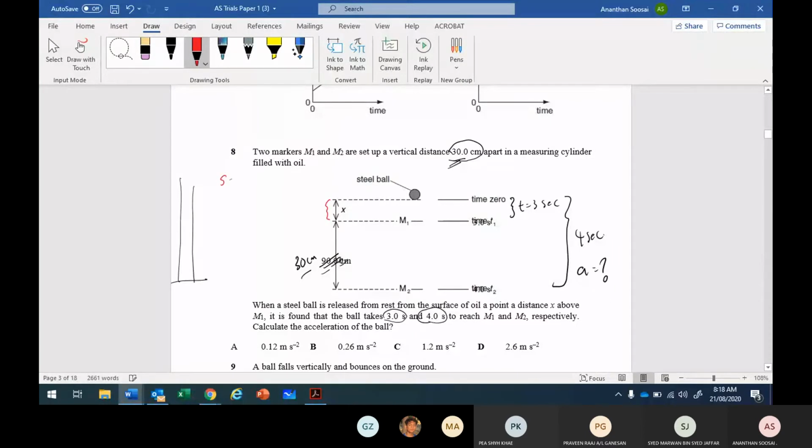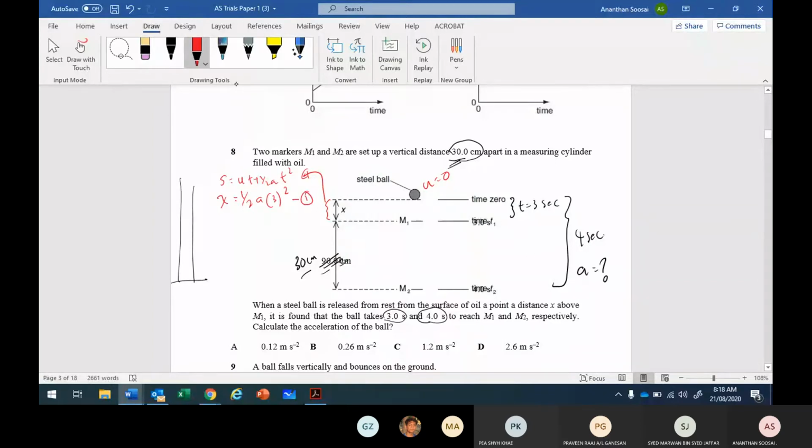S equals ut plus half a t squared. Just considering the first movement, the distance travelled is x. u is 0 because it's dropped from rest. So therefore it's x equals half a times 3 squared. First equation.